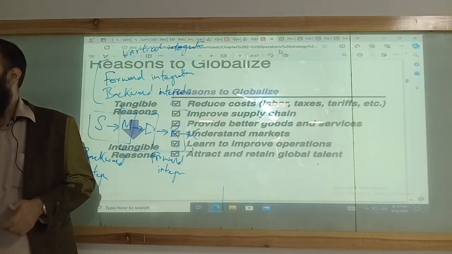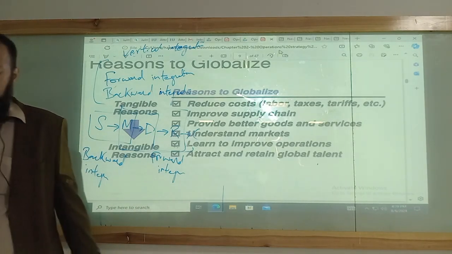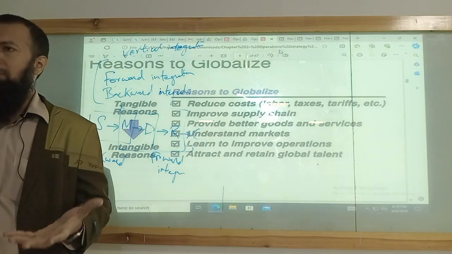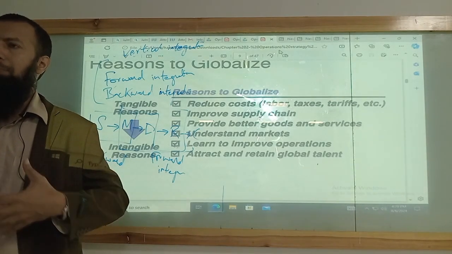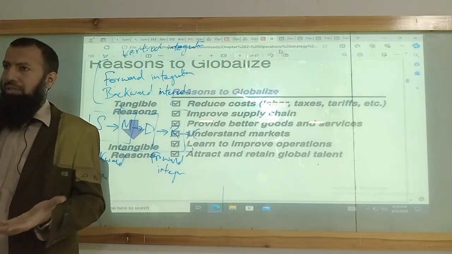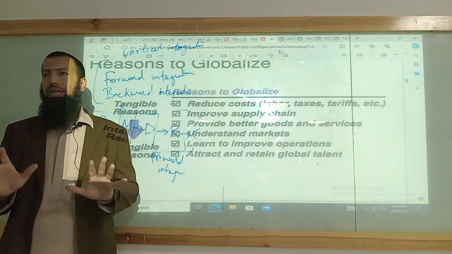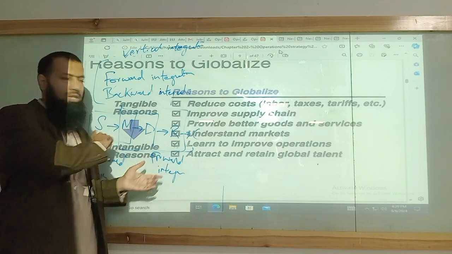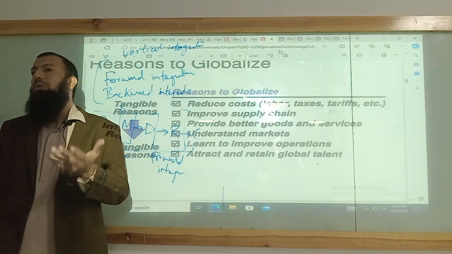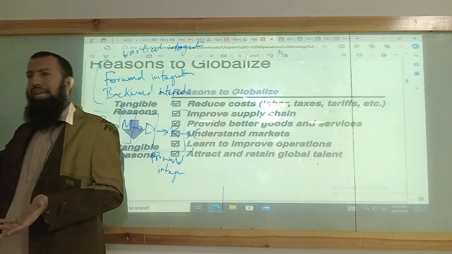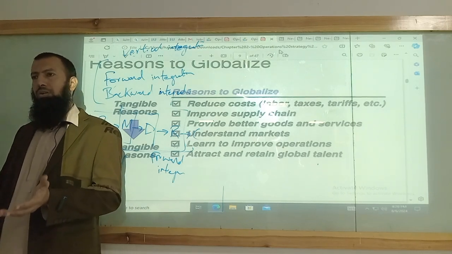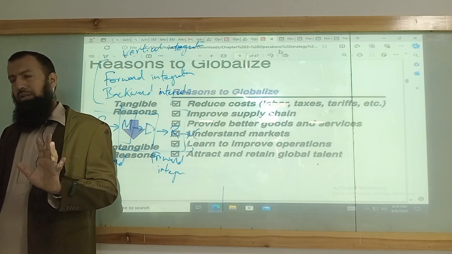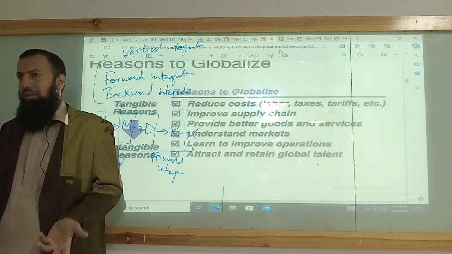Yes. B2B is a part of forward integration? B2B is something else. B2B, business to business. This is one of the ways companies approach customers. B2B is the way the business is conducted. It is not about the supply chain. For example, if I am selling this air conditioner to businesses only, this is B2B.